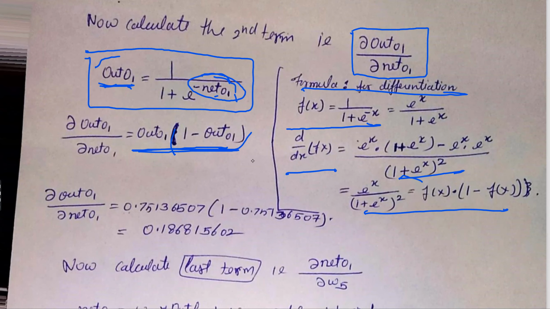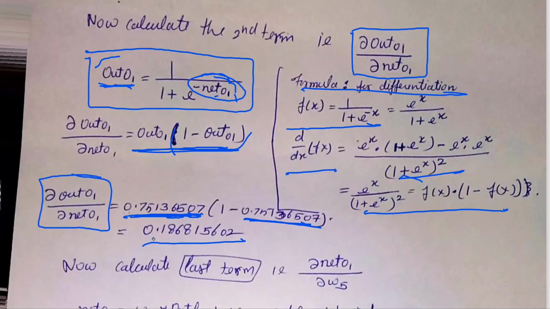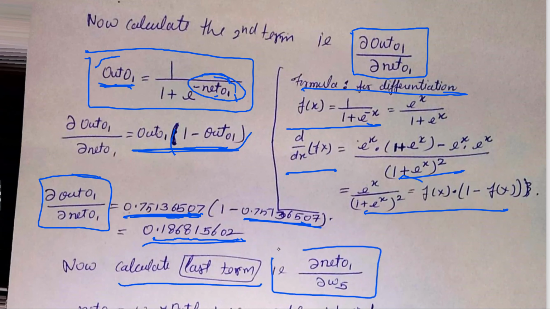After substituting all the values, output of O1 was 0.75136507. So we substitute all these values here, and then the differentiated value is 0.186815602.